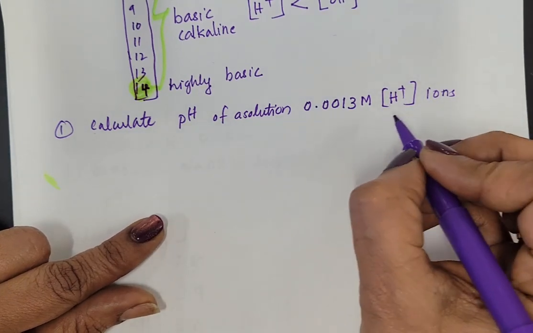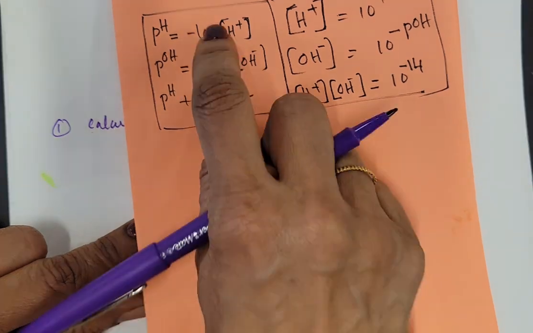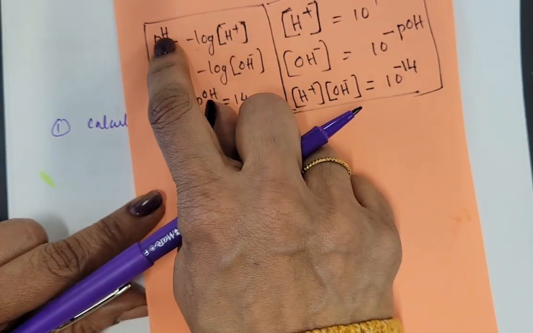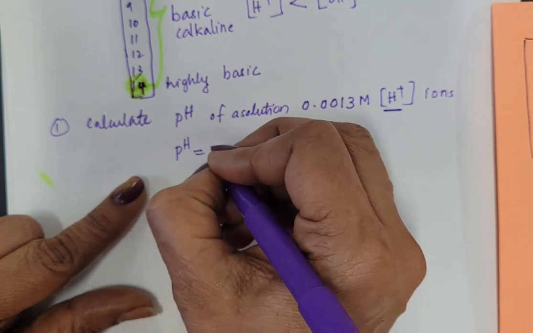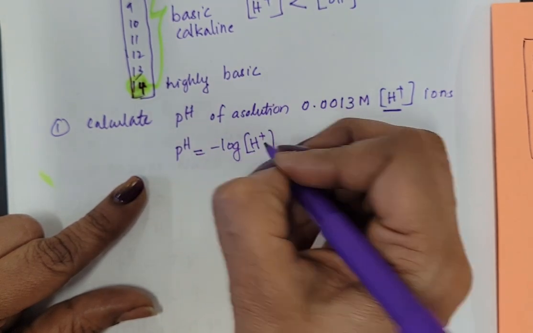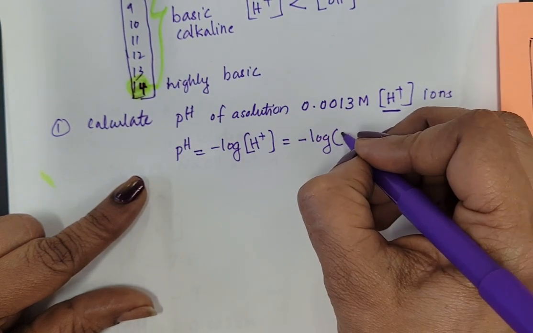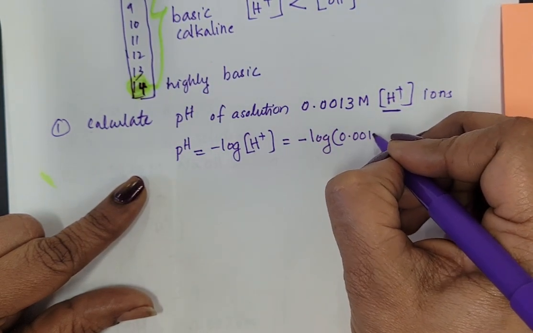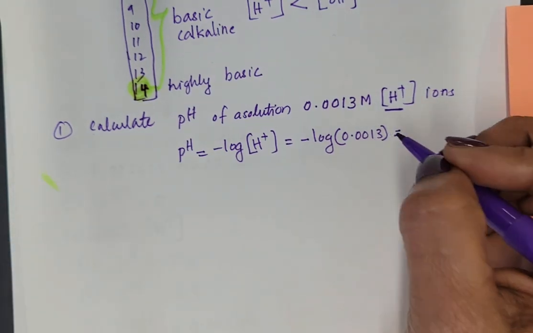Now look at this. We have H plus given, so the equation we use is pH equals negative logarithm of H plus ion. So you substitute negative log of 0.0013 and plug that into your calculator to get the value.